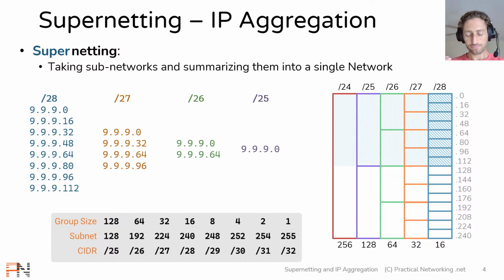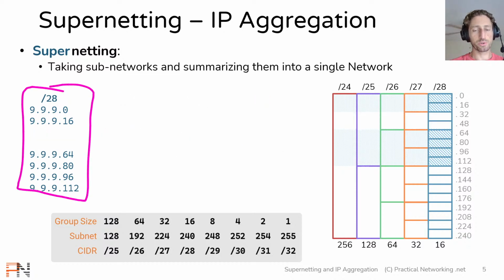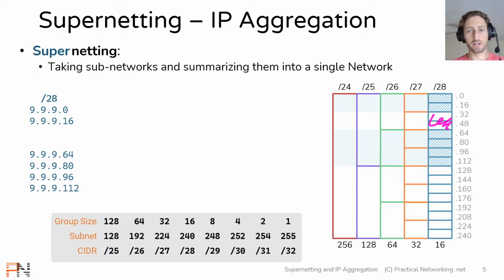All right. So let's complicate things a little bit further. Let's now take the 8 /28s and let's remove a couple of those /28s, these right in here. Now we're going to try and summarize these 2 /28s and these 4 /28s, so a total of 6 /28s.